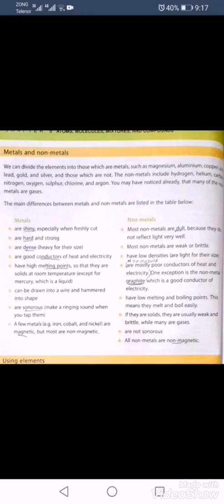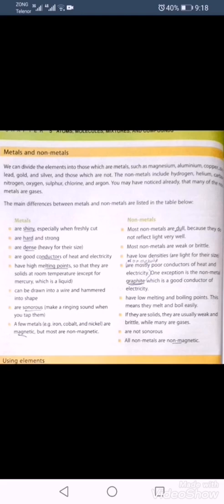First of all, we will discuss metals. Metals are always shiny, especially when freshly cut. Metals are hard and strong. Metals are dense; dense means they are heavy. Metals are good conductors of heat and electricity, meaning heat easily passes through metals and they can easily conduct electric current.